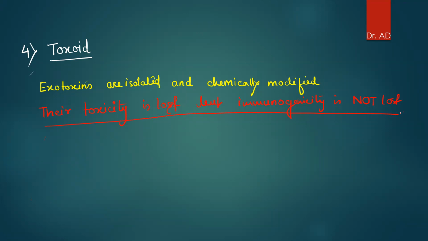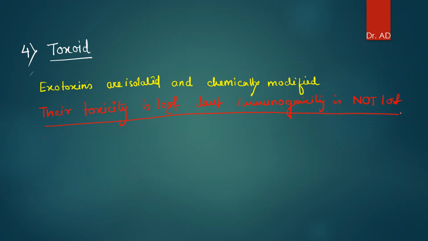These non-toxic yet immunogenic derivatives of exotoxins, or toxoids, are commonly used in vaccines. Now, vaccination with toxoid induces anti-toxoid antibodies, which are capable of binding the toxins and neutralizing them.